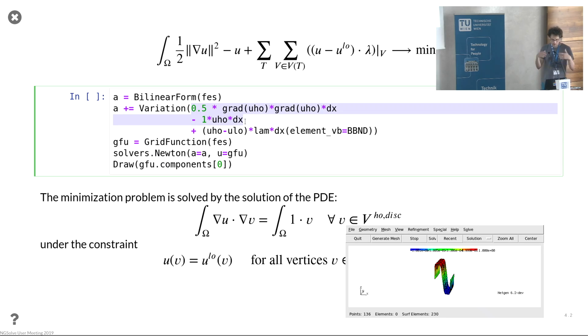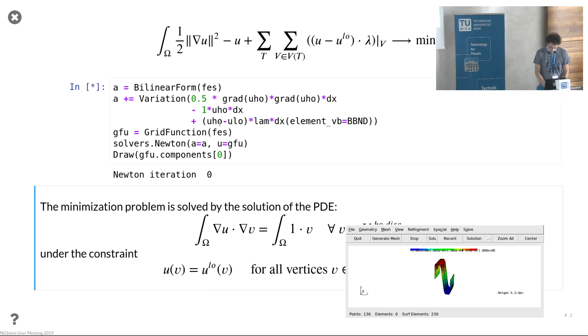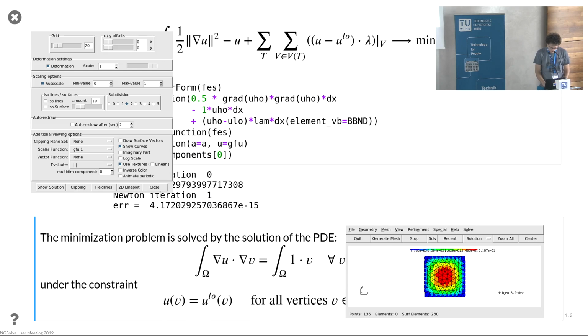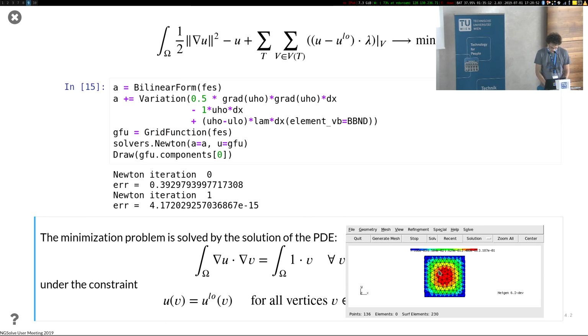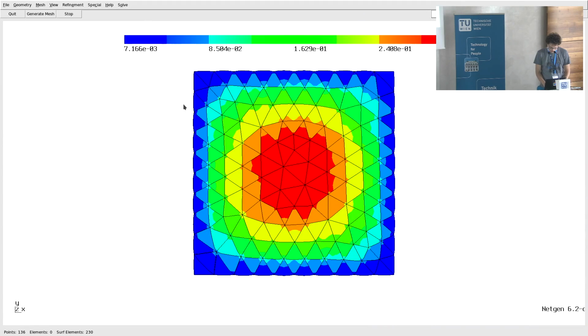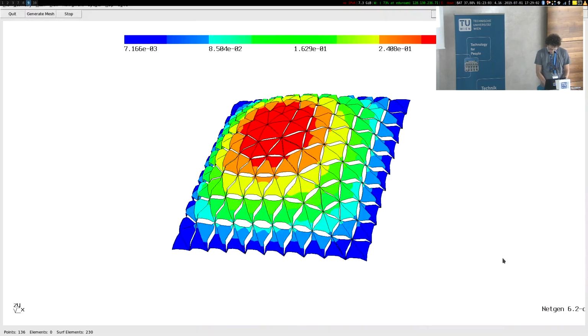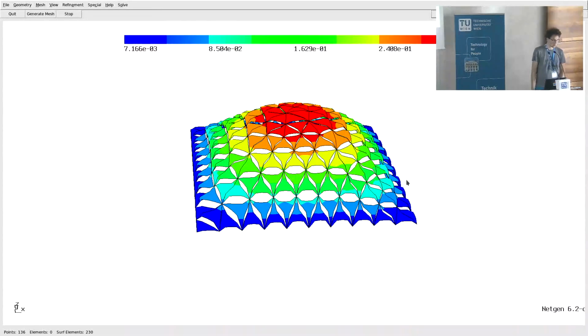So it's a minimal energy extension of those vertex values. So that's how we got that picture. So that's how the picture got created.